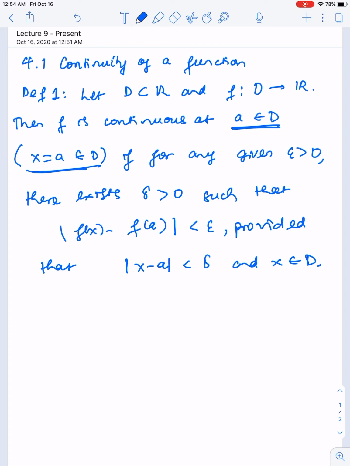So from this definition, you can connect it with what you learned in chapter 3 about the limit of a function at a real number.